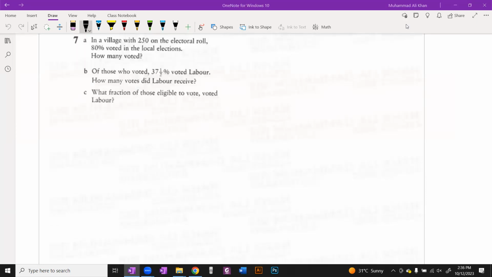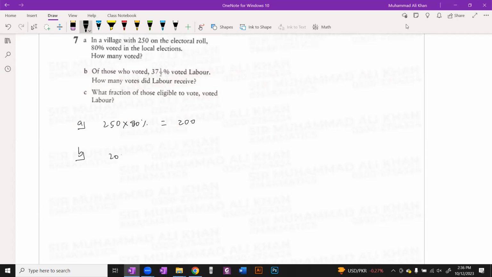Yes, in a village with 250 on the electoral roll, 80% voted in the local elections. How many voted? So, in part A, 80% of 250, multiply by 80%. What is the answer? 200. In part B, of those who voted, 37.5% voted Labour. How many did Labour receive?